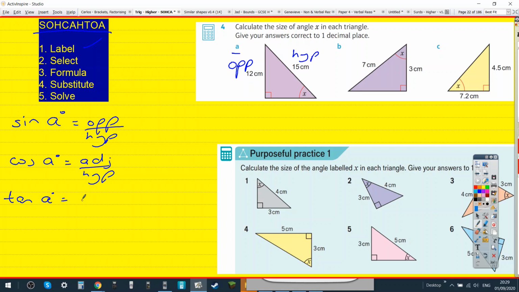Tangent of the angle is opposite over adjacent. And so this first one, is it sine, cos, or tan? It is sine. And so next we write out the formula. So I've written that out already. 4 is you sub in the values.